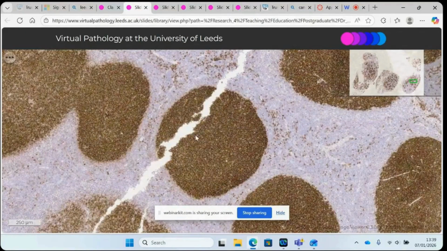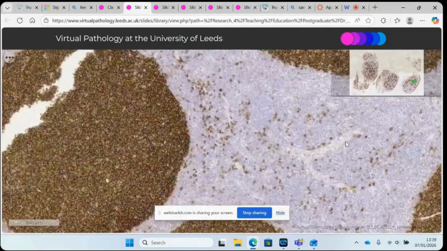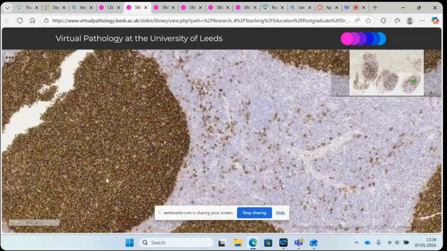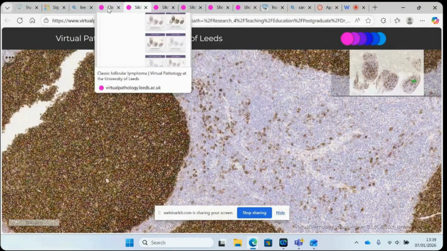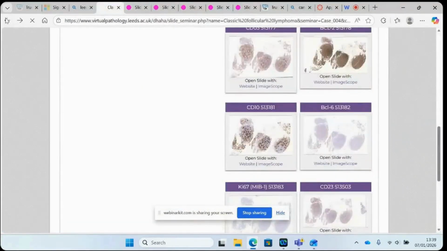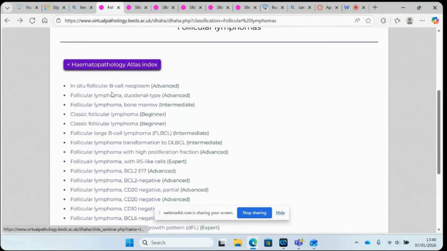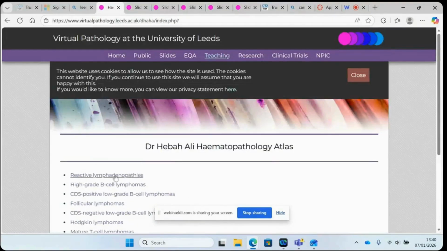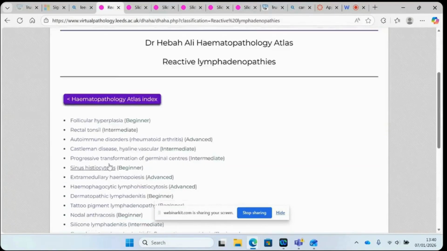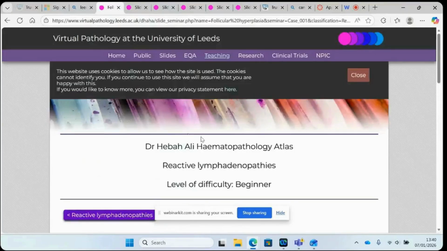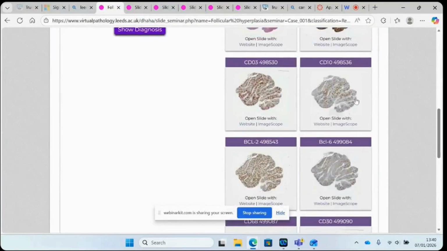So we've got CD10 within the follicles, but we also got CD10 positive cells out in the interfollicular area in follicular lymphoma. So let's just go back to where we were. You can see potentially this could take us forever.